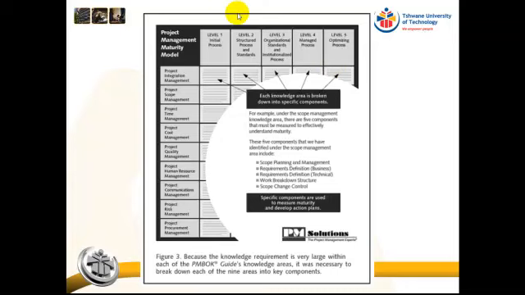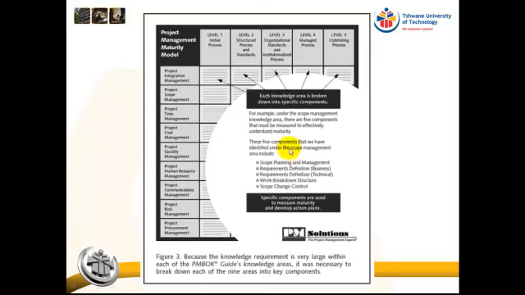So each knowledge area of the PMBok is then broken down into specific components, and there are specific things that we require in order to say that we are at, for example, level 3 in project integration management.